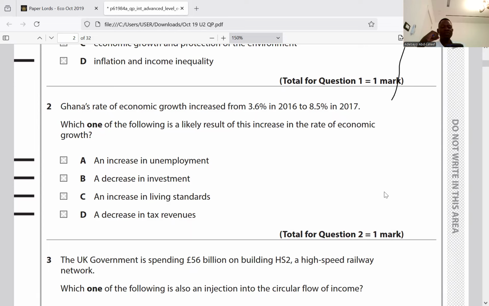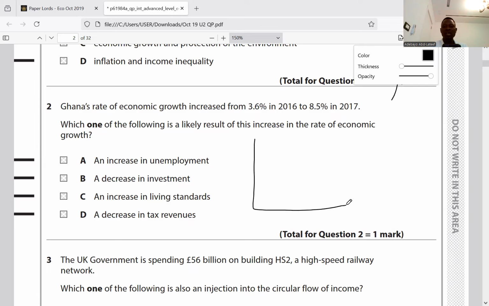Well, I would have loved you to tell me about economic growth, linking it to the PPC, because here they said, and I said, why will an increase in unemployment not bring about economic growth? Then you should have come back to tell me about the PPC, the production possibility curve, or the production possibility frontier, because if there's a high unemployment rate, the economy is operating inside the PPF, like let's say X here.